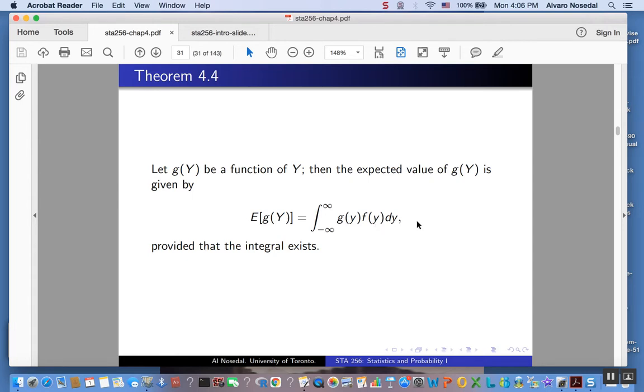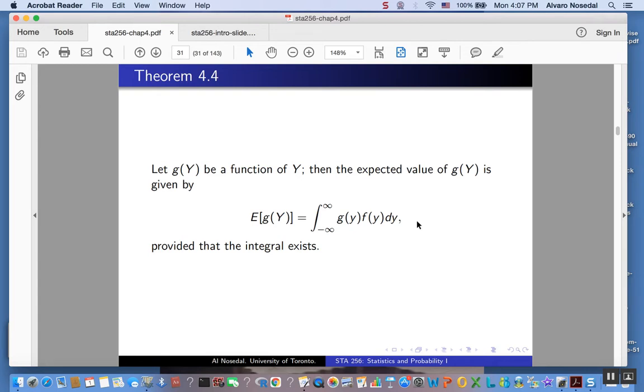Now, let me remind you that you have seen a similar result in the case of discrete random variables. If I remember correctly, it was theorem 3.2.